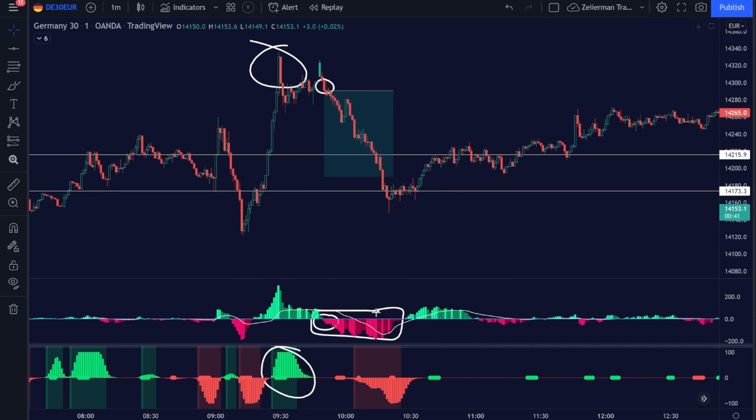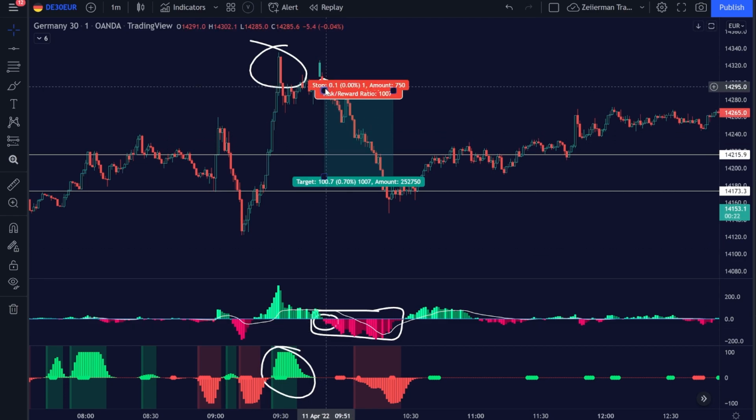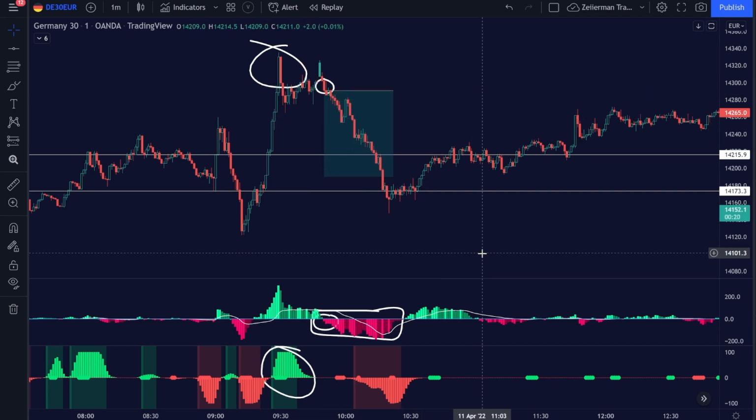This is a simple example of how the positive bell curve gives us the heads up for starting to look for a potential short, and we're using the volume delta as our confirmation for entering the short trade.